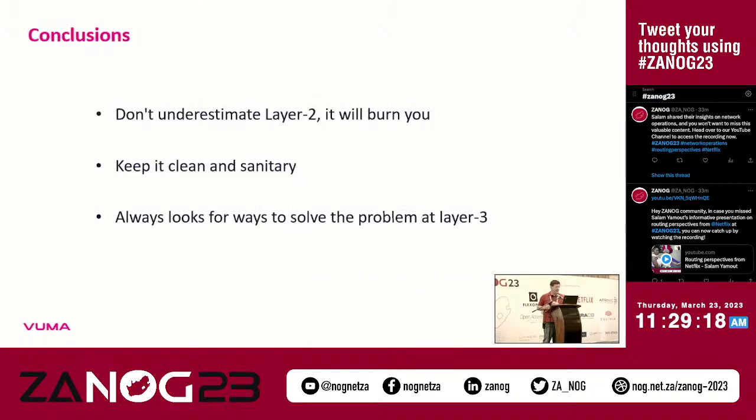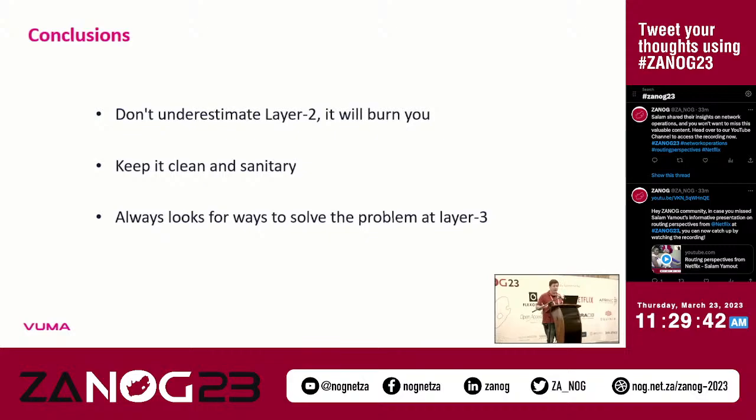So in conclusion, don't underestimate layer 2. It's easy to get started, but when it gets big it breaks spectacularly. And keep it clean. Plugging it in the first time, everything works, it looks wonderful. But when you've plugged in 10,000 first times, you suddenly have a lot of mess.